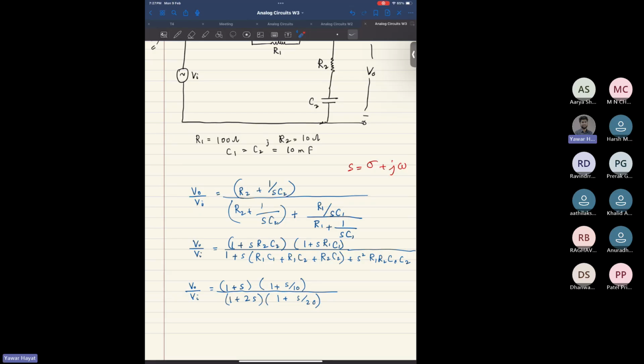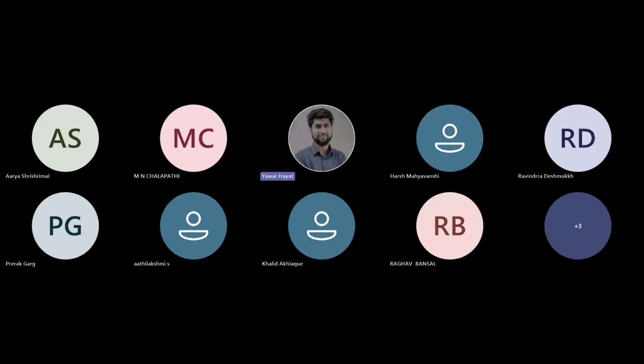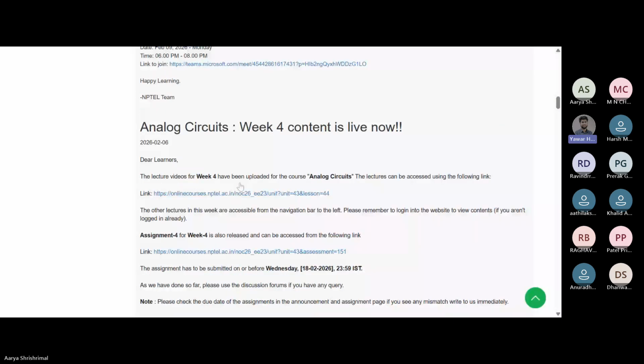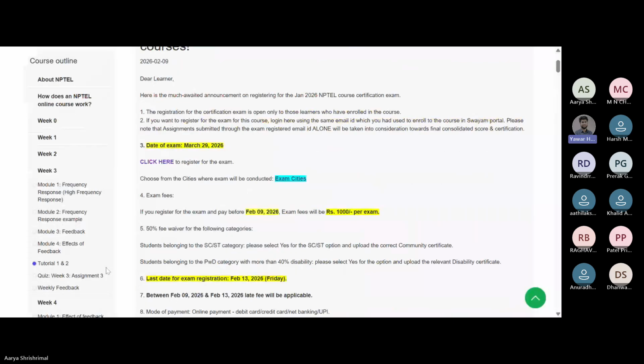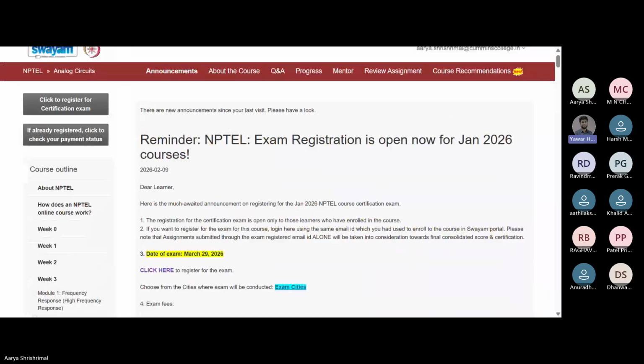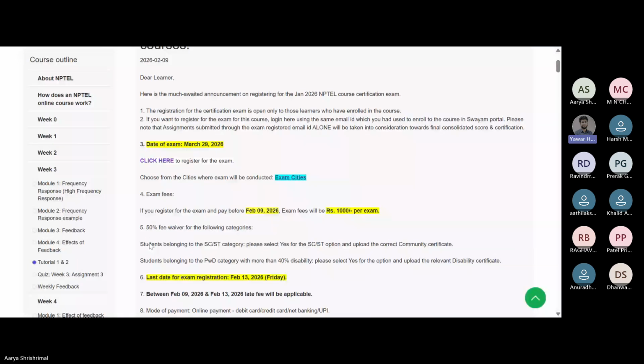Okay, let's do one thing. Can you present the screen? I'll turn off the screen broadcasting. Present the screen and open the NPTEL platform. I'll tell you where you can access it. Yeah, there would be recording. Problem solving session January 2026 on the left side. Can you see that? Scroll down.